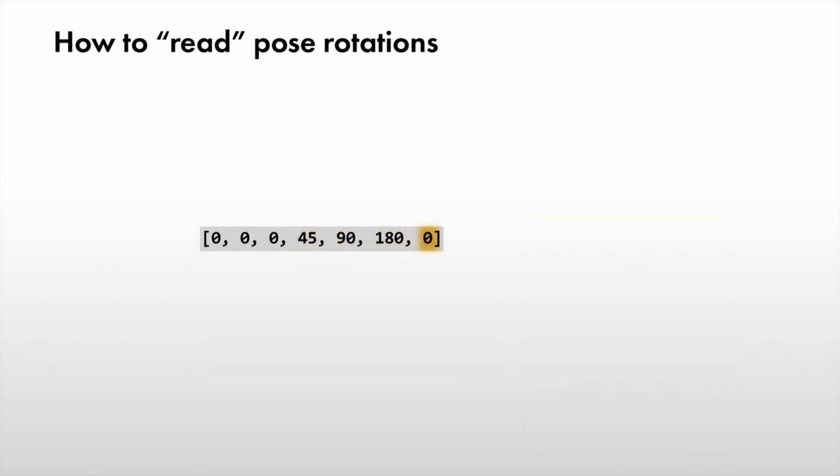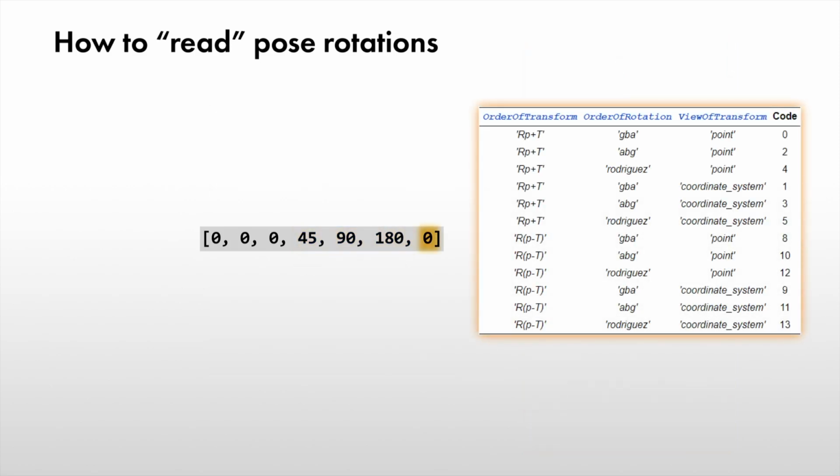Note that you can change the interpretation of poses with various options. Have a look at the documentation of Create Pose for more information. We strongly recommend working with the default pose type. If you work with, for example, robots that use a different convention, make sure to convert incoming and outgoing poses accordingly.